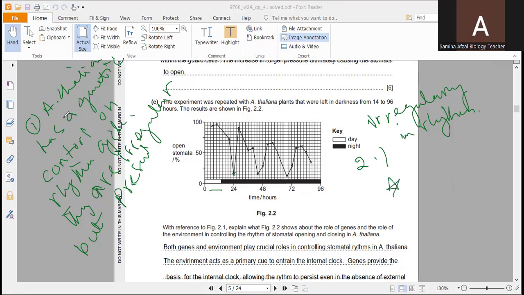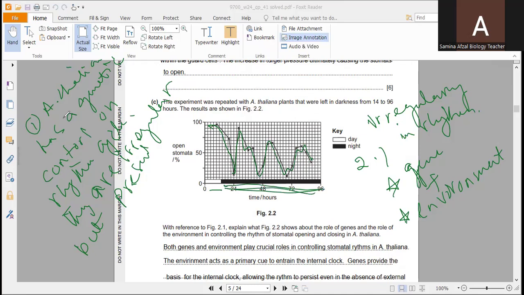So both play a role, genes and environment. Both play a role because if genetically they don't have this cyclic rhythm, the cyclic rhythm can be absent. But here you can see there is darkness, but the cyclic rhythm is there even in the darkness.